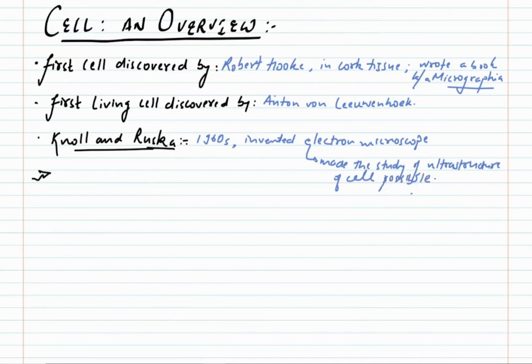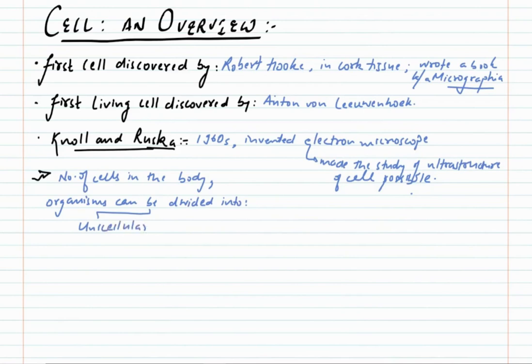Now, depending upon the number of cells in the body, organisms can be divided into two groups. The first group is known as unicellular organisms, and the other group is known as multicellular organisms.